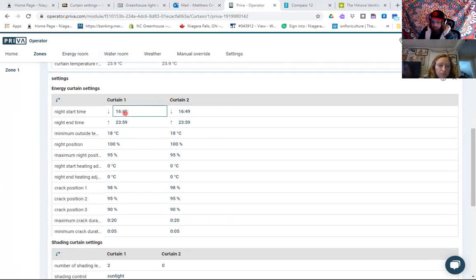The energy curtains say night start time, but you can start this at any time throughout the day. So what time do you want your energy curtains to come across? Or what time do you want these energy saving curtains to cover your crop? So night start time, that's what that means.